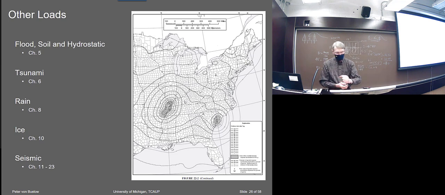Seismic's probably one that we could talk about a little bit, I guess. We won't use it much this semester, but it's a little bit of an interesting load. What this is showing, I mean, our area up here is a pretty low seismic area. We don't have much going on.